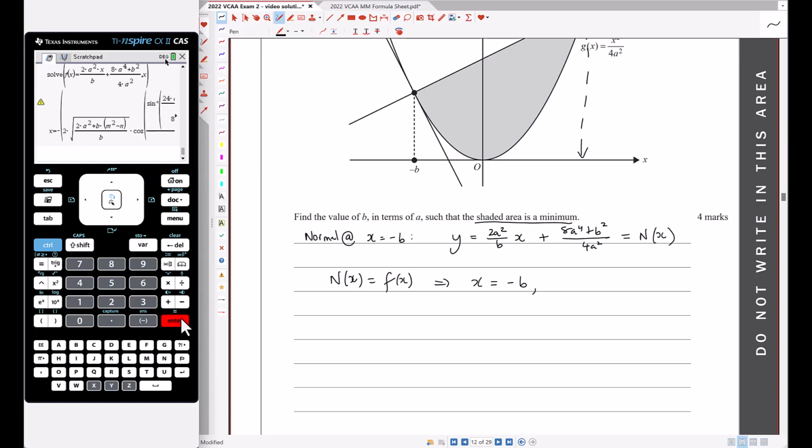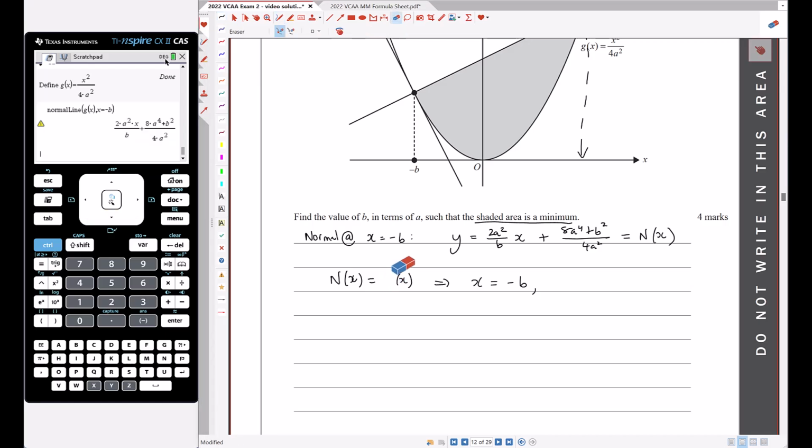Ooh. That's horrible, isn't it? Why have I got a cos involved in that? Oh, it's not f, it's g. Sorry, I must have another function defined as f of x, a trig function. Sorry, let's try that again. It's not f of x, it is g of x. So that would be wrong even if you had the thing defined properly.